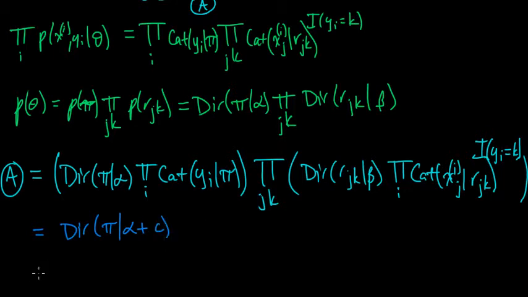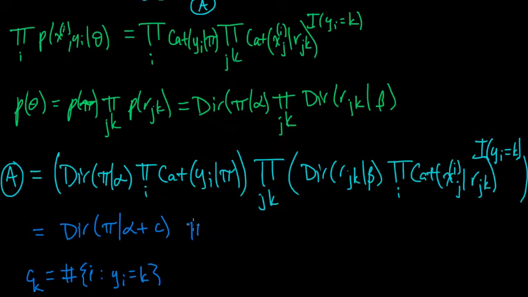There's going to be more, but let me tell you what c is. c_k is the number of i's such that y_i equals k. This was from the video on the Dirichlet categorical conjugacy.